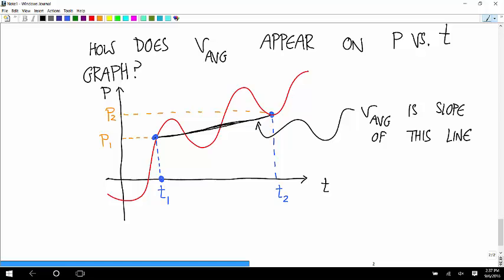And if it's horizontal, then the slope is 0. And if it's clockwise from the horizontal, like this, then the slope, that average velocity, is negative. Anybody have any questions about that right now?